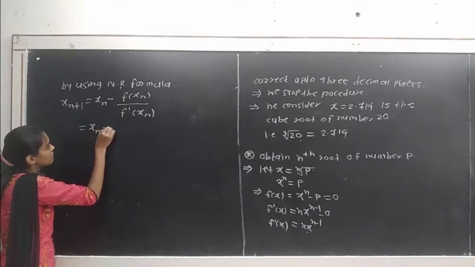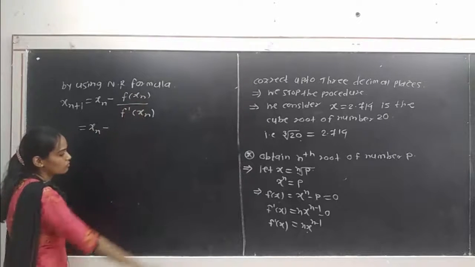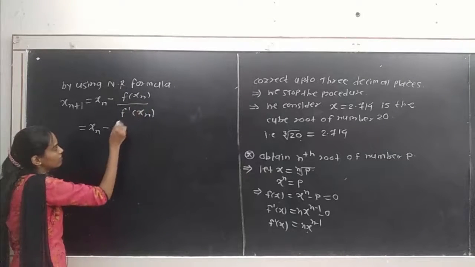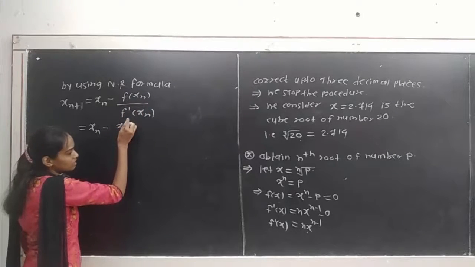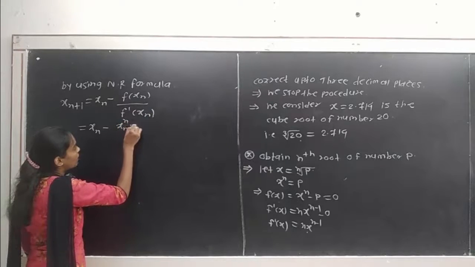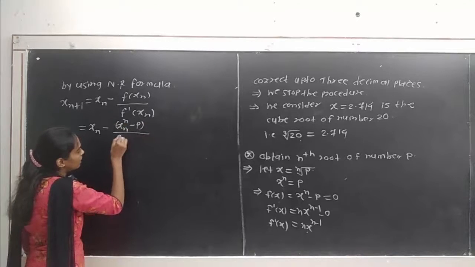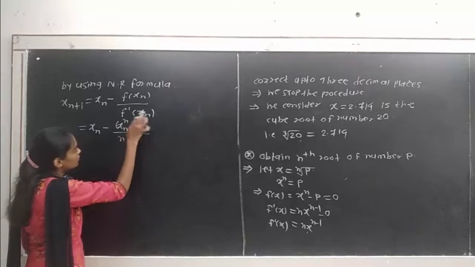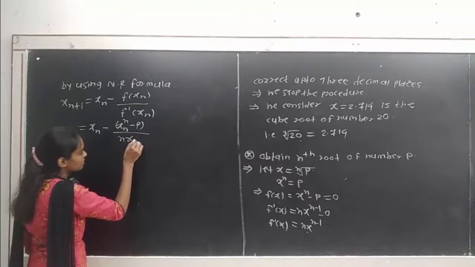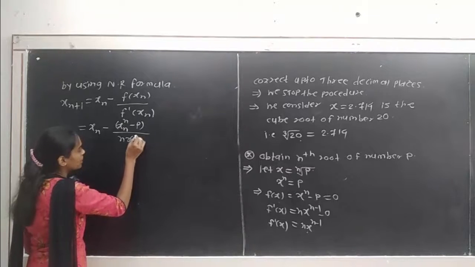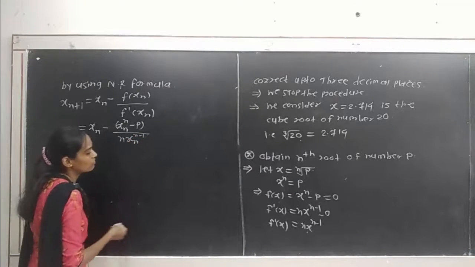We get x_n minus f of x_n, which is x_n raised to n minus p, divided by the derivative, which will be n x_n raised to n minus 1.